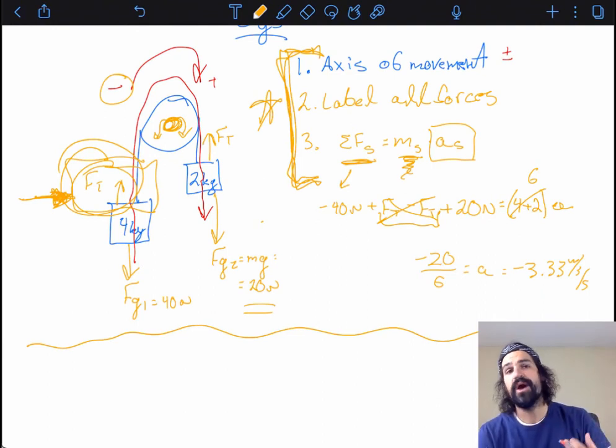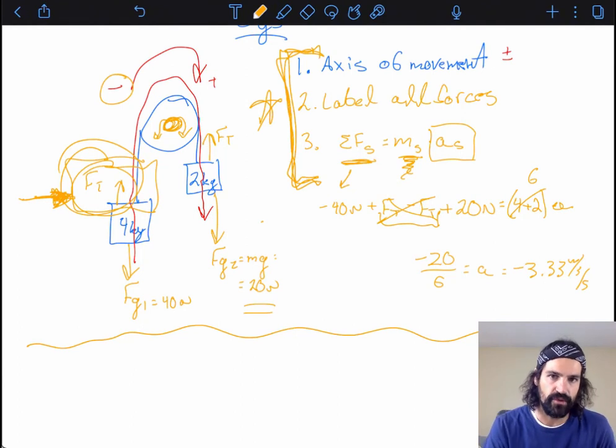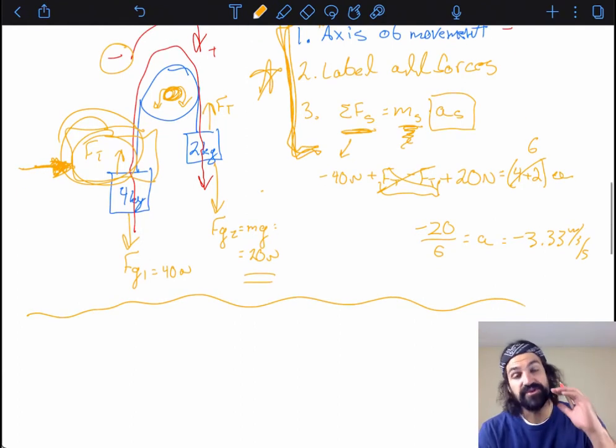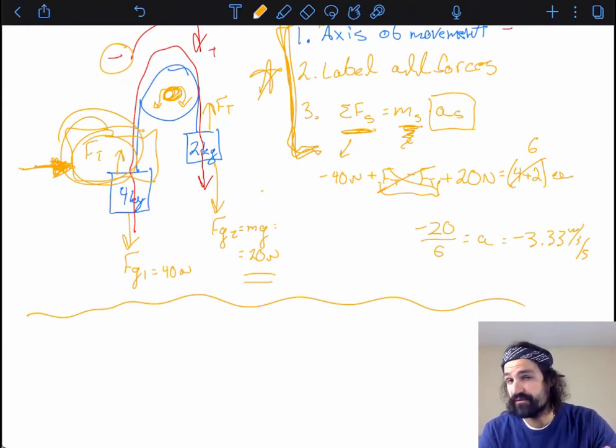But if they do ask for an internal force, in this case, tension is our internal force, then you're going to start with the system, and then you're going to look at the net force equation for either object by itself. So you can do net force for the system and then net force for the individual objects.